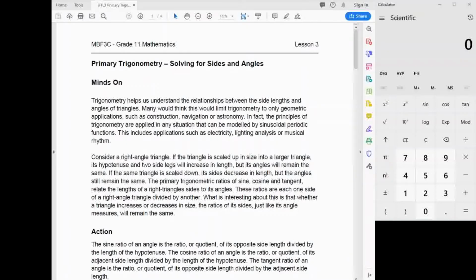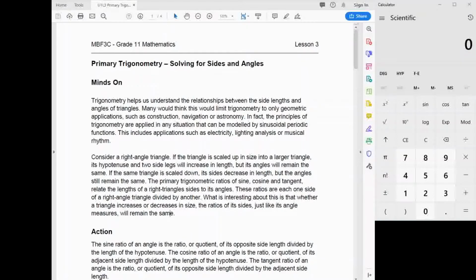And there are lots of applications that we see in the real world that are periodic, and quite a few of them follow what we call a sinusoidal relationship. The word sinusoidal, of course, comes from the word sine. So there is a greater application of trigonometry when we start to look at trigonometric functions. Although we don't do trigonometric functions in this course, that's something that you should have an understanding of.